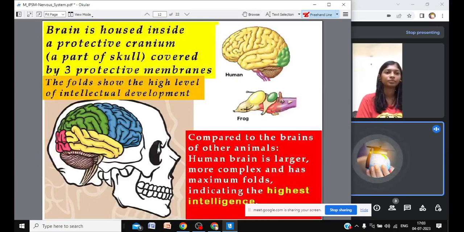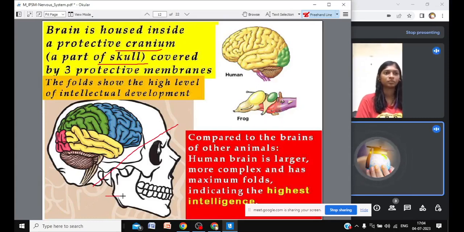Now, first the brain. The brain is housed inside a protective cranium. Cranium is a part of the skull. Of the whole skull, only the upper portion is called the cranium, and the lower part is the face.